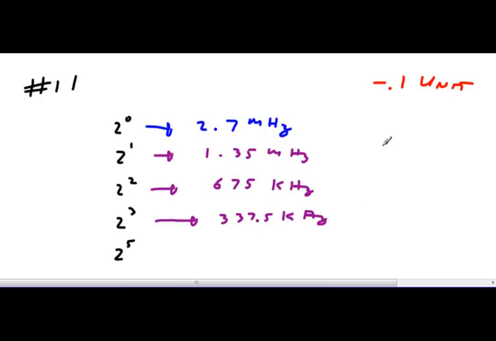So on the side, I'd go in 1, 6, 8.75 kilohertz. And then I divide it again, dividing by 2.